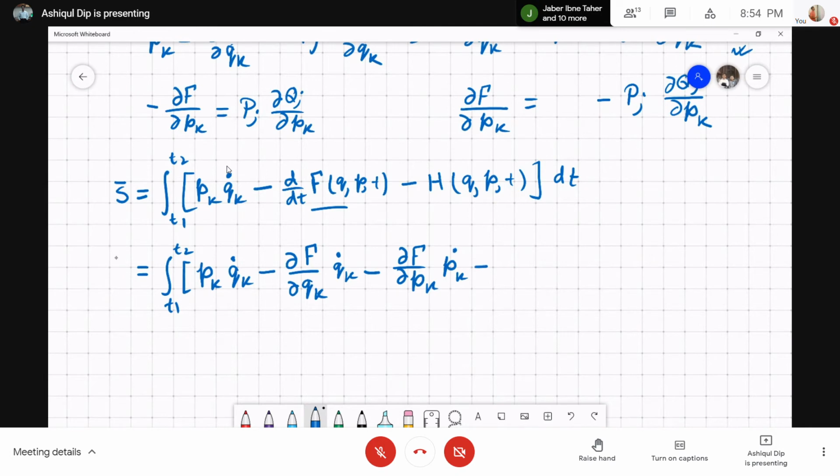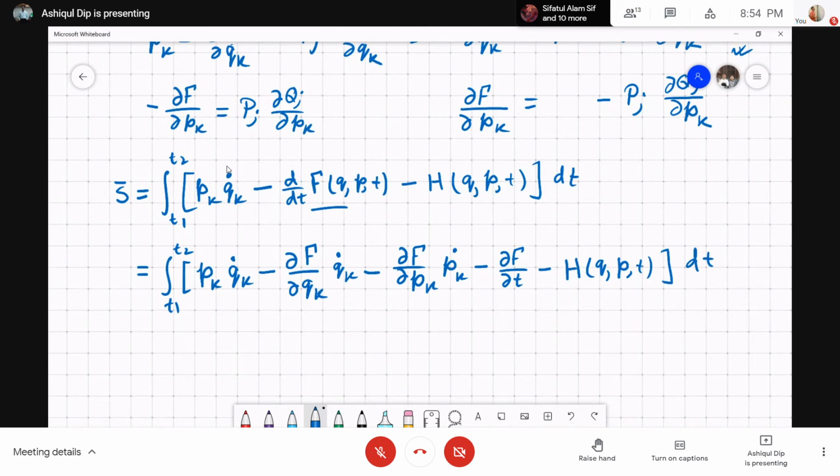Then it's also dependent on time explicitly, so we need to consider that as well. And then we have our H, which is dependent on q, p, and t. So this is the whole thing.